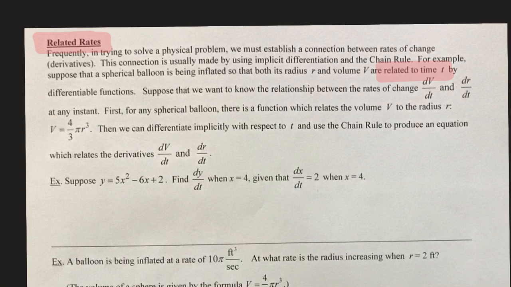So every time we take a derivative, no matter what the letter is, you are always going to have a d whatever dt, or an x prime if we were talking about normal implicit, a volume prime, a radius prime, an x prime, or a y prime, because all of these are derived with respect to time.